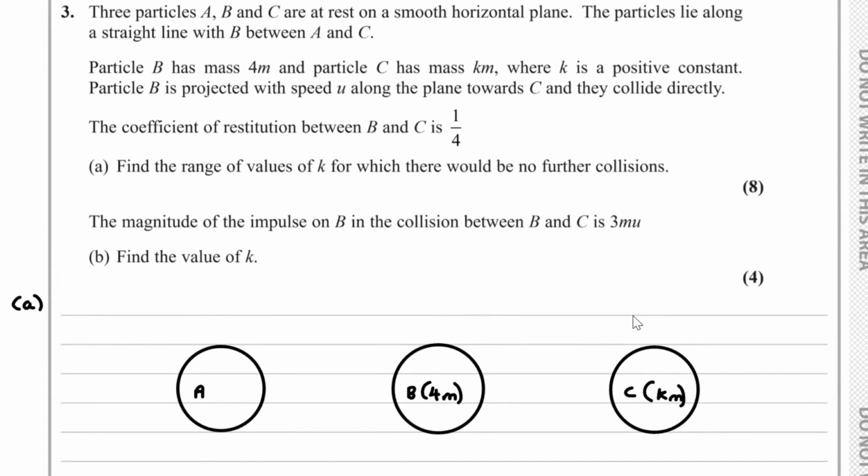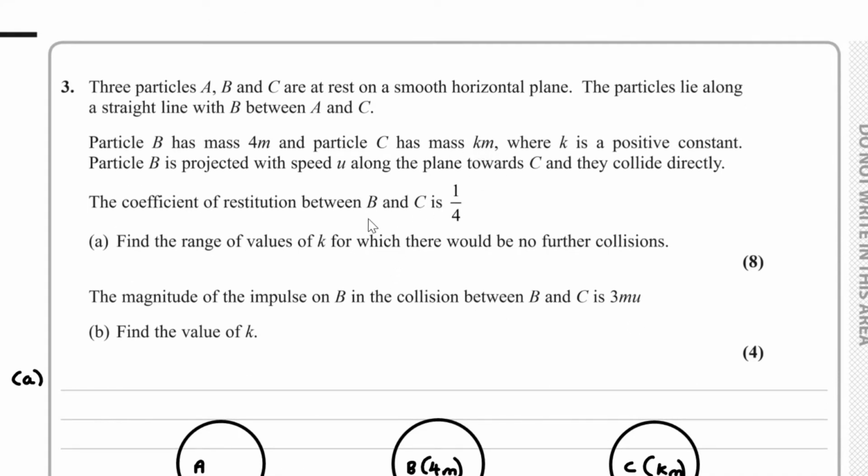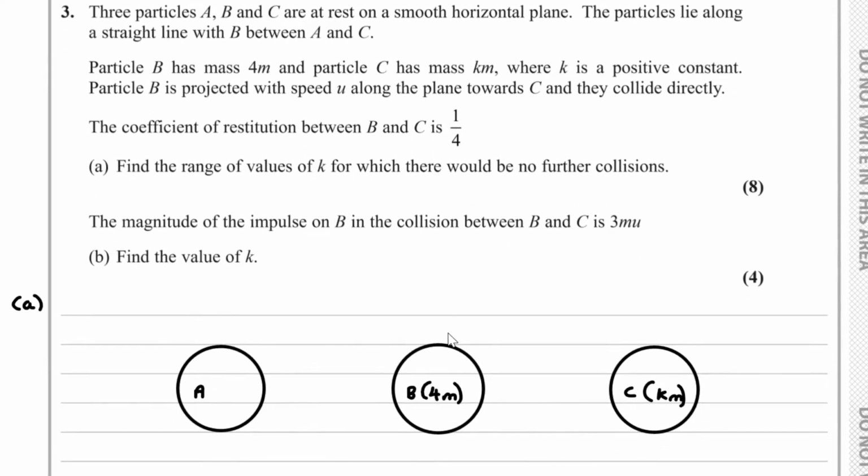And we also know that u is the speed at which B is projected along the plane towards C. So here we've got U, and we know that C starts at rest. So here we've got 0, and here we've got 0.